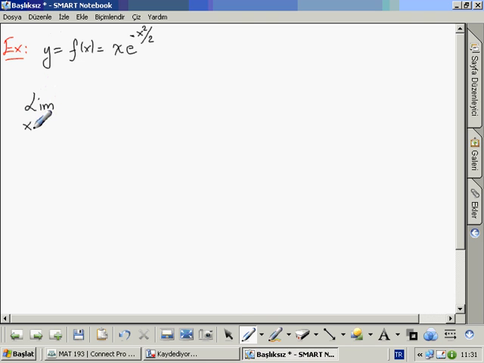The limit as x approaches minus infinity of x times e to the minus x squared over 2 is equal to 0, and again the limit as x approaches plus infinity of x times e to the minus x squared over 2 is equal to 0.